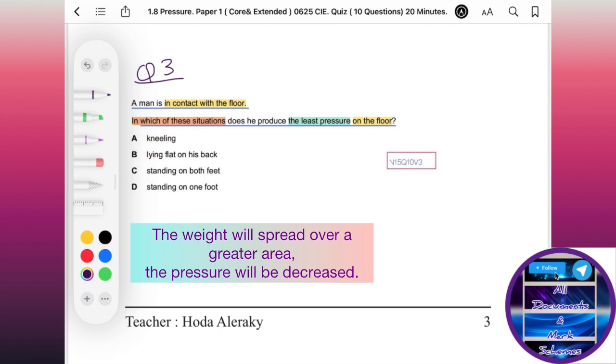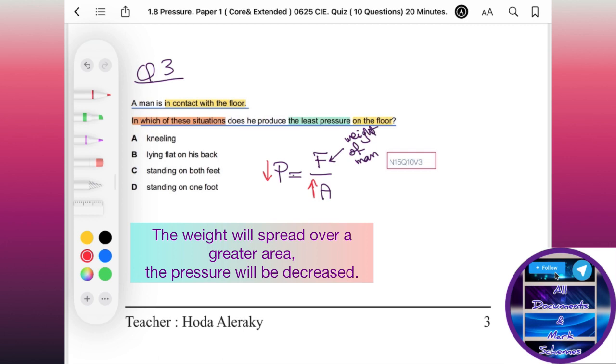According to the equation, pressure is equal to force divided by area. Here, the weight of the man is the force exerted on the area of contact, which is constant. So least pressure means increasing area of contact.